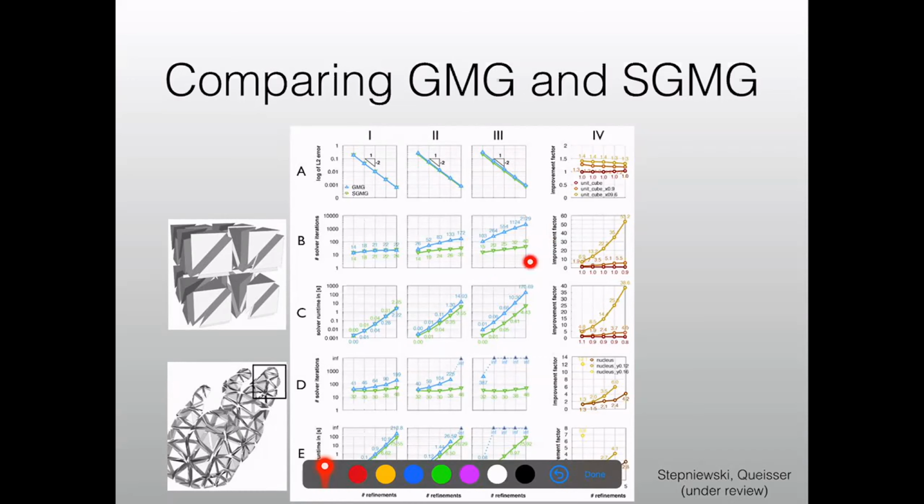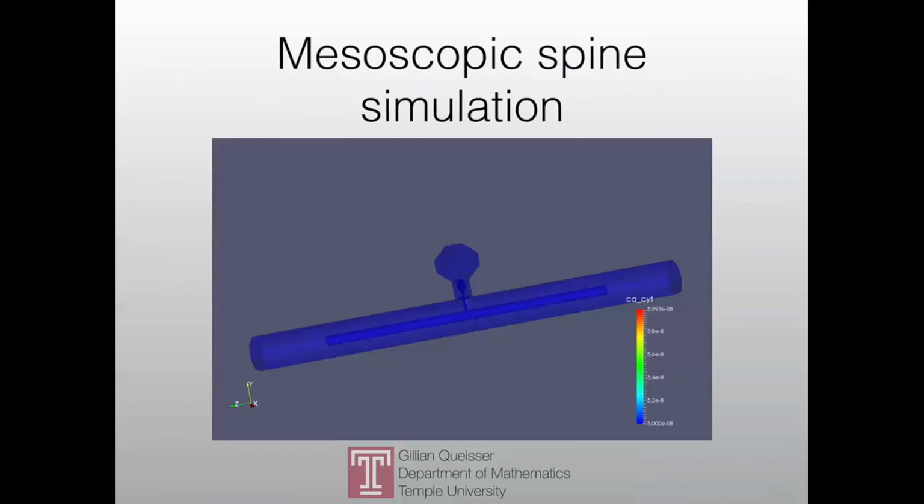And there are some cases, as you can see, for the cell nucleus where the standard method diverges and the subdivision geometric multigrid method performs very well, and we can, in some of our test cases, see improvement factors of over 50 when comparing this SGMG method with standard geometric multigrid. So having this regularization technique in place, we can deal with complex geometries.